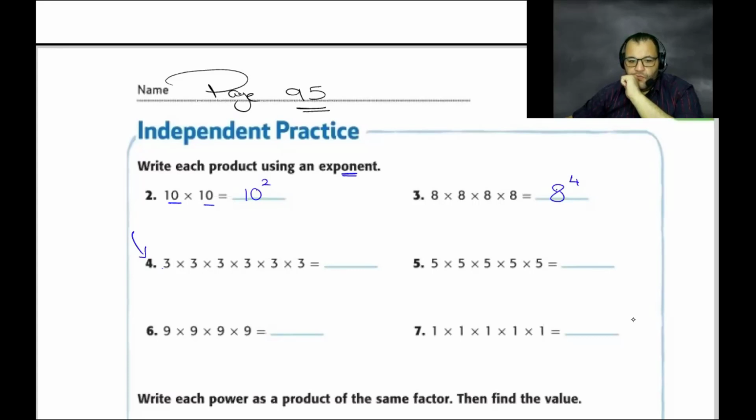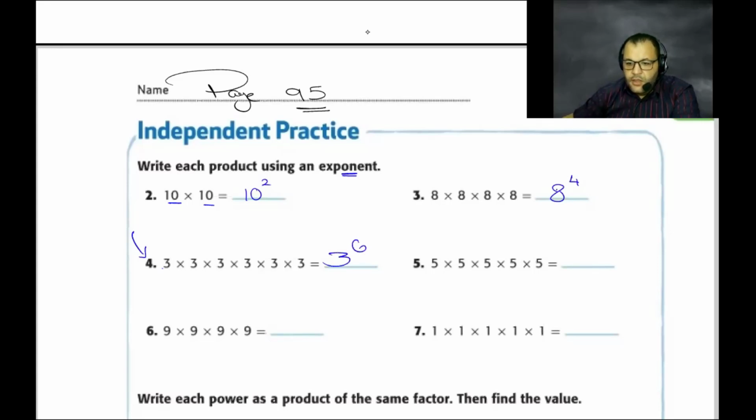Mister, you are muted. Okay, Yusuf, number 4: 3 powered by 6. 3 raised to the power 6. 3 power 6. Okay, thanks, Yusuf.